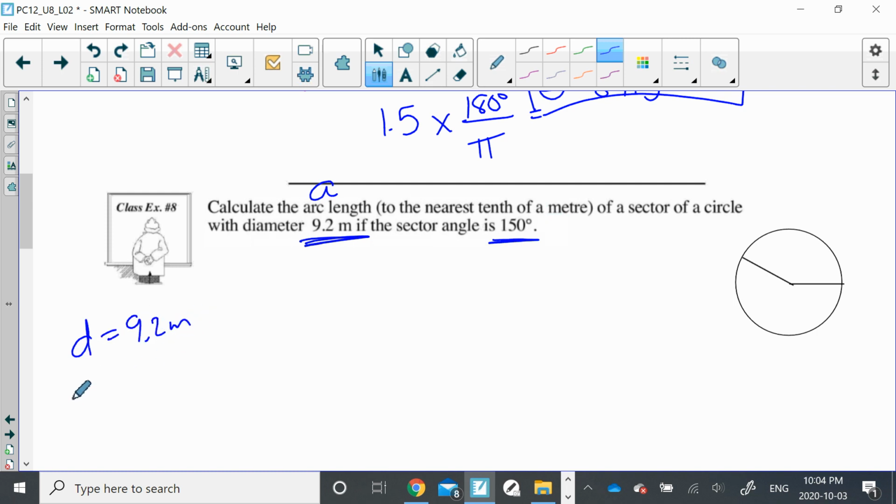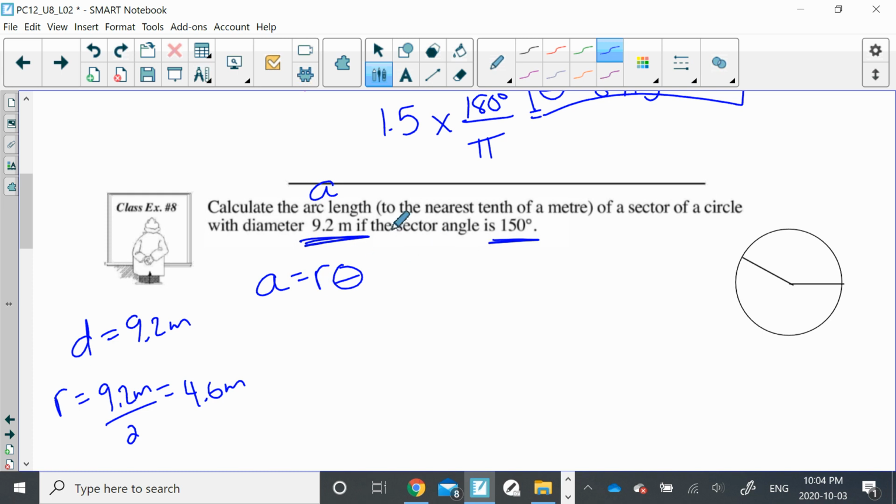We need to deal with the radius, so in our formula, arrow, arc length is equal to radius times theta, we need the radius. I need to take 9.2 meters and divide that by 2 in order to get the radius. 9.2 divided by 2 is 4.6 meters. So the radius that I'd be dealing with is 4.6.